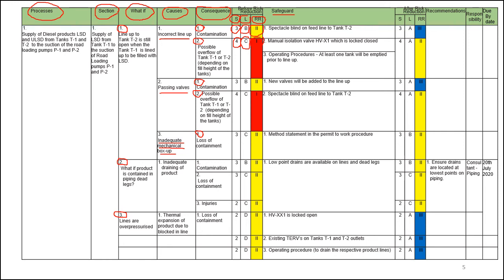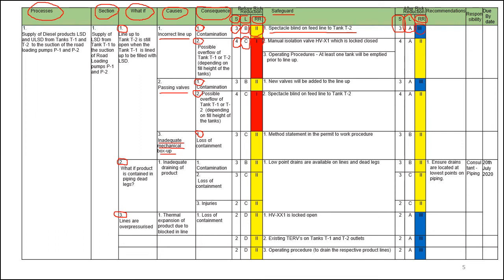Safeguard number 1, to prevent the flow of feed to tank T2, we can close the spectacle blind to tank T2. This will remain as a severity of 3, but the likelihood will improve to an A, which then gives us an automatic lookup of a risk ranking of 3.